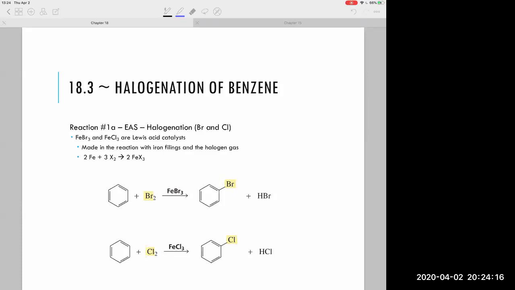All right, so again, I just want to make sure everybody's thinking substitution. And let's just note that benzene is not reacting with these halogens in the same way that we would expect an alkene to.